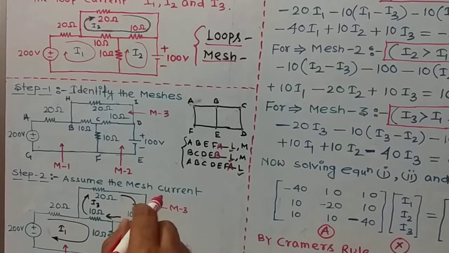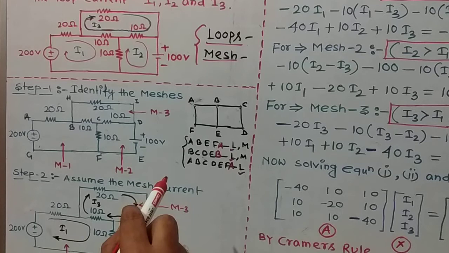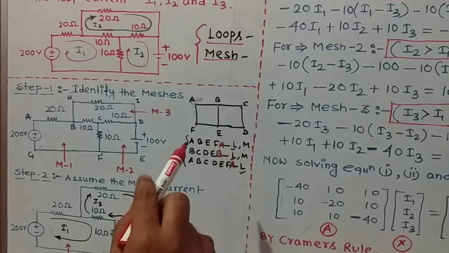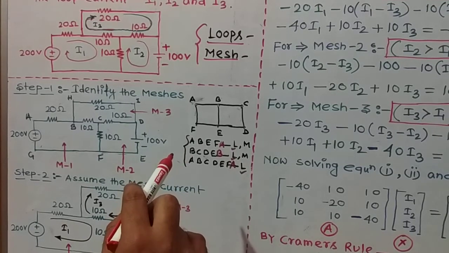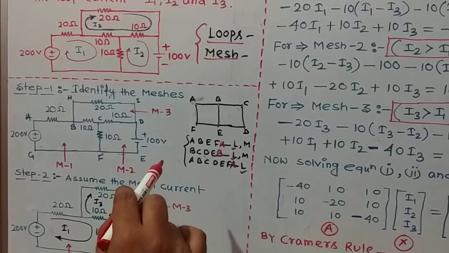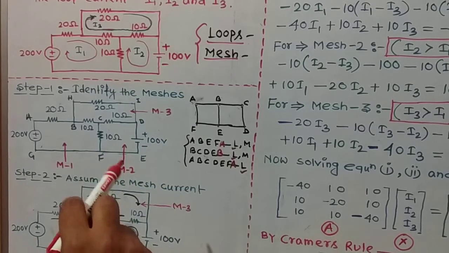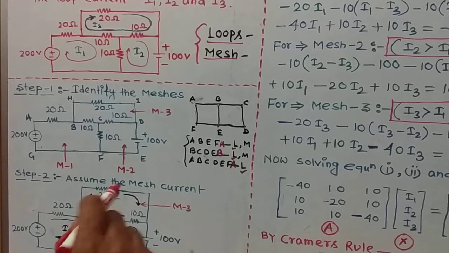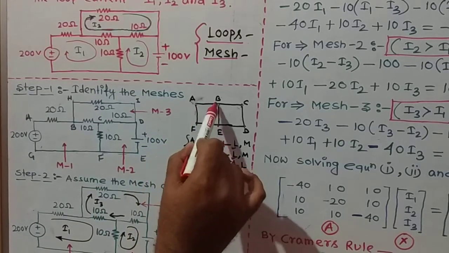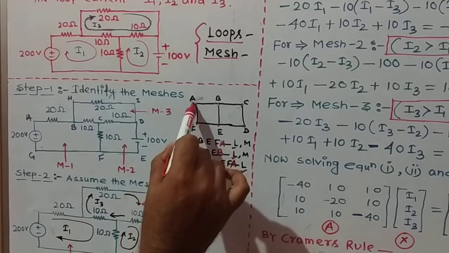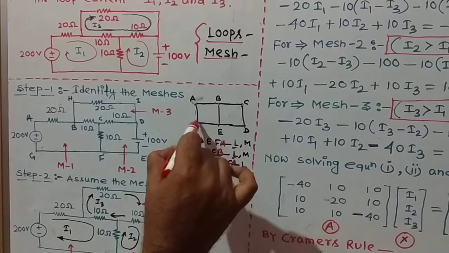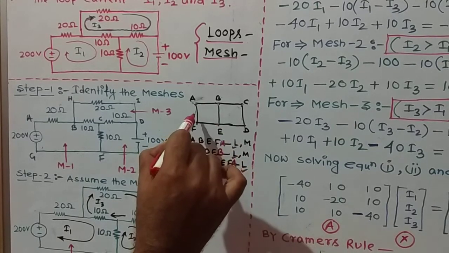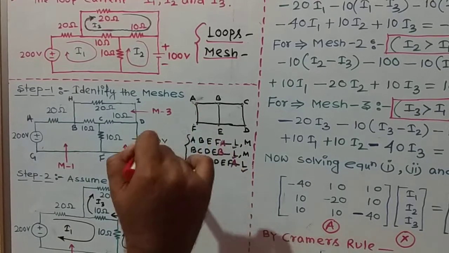Then what is mesh? A mesh is a closed form of a network which cannot be further divided into loops. Like that, A, B, E, F, A is a closed form which cannot be further divided into a loop.